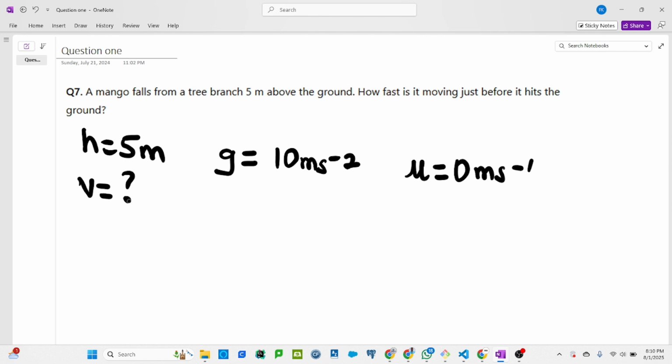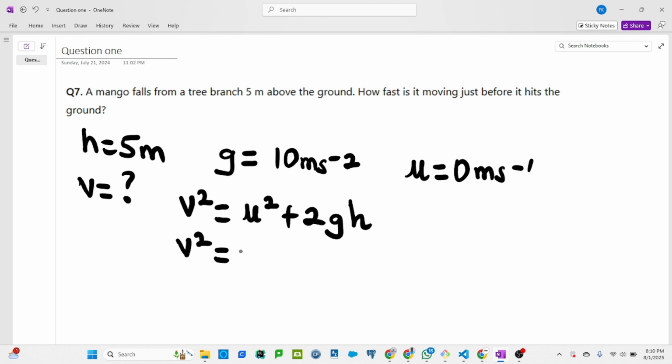Yes. How fast? Okay, Kennedy, you can continue. We are going to use the formula v squared is equal to u squared plus 2gh. When we put in our parameters, we have 0 squared plus 2 times 10 times 5.